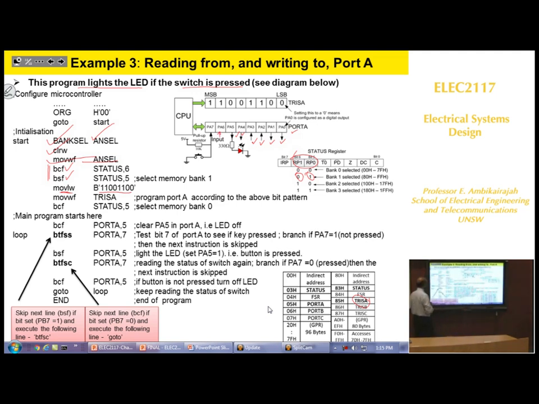So we have to put the right values in there. So we select that value and move it into TRISA, 1100, 1100. TRISA has set up port A as input or output.